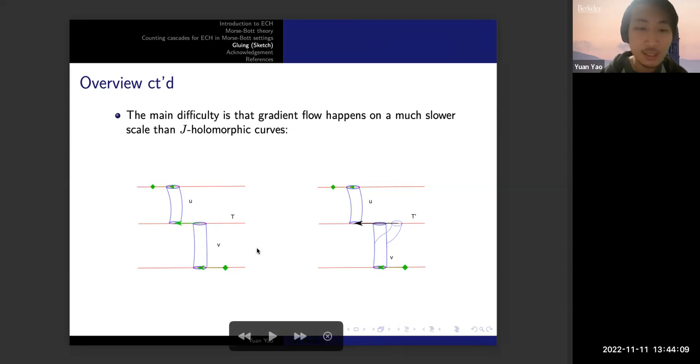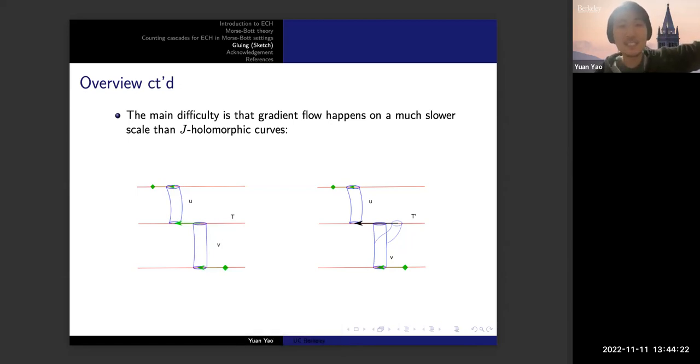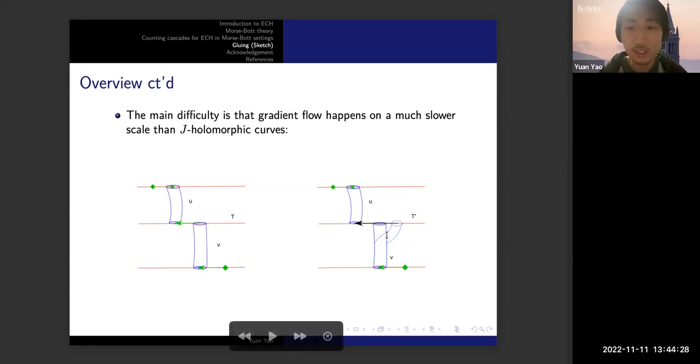Imagine on the left-hand side you have this cascade, and you try to pre-glue them with a gradient trajectory of length t. And this is a very long gradient trajectory. Its length is of size t over delta, because delta is going to 0. Now imagine you slightly perturb v to make its end land somewhere a little bit further away, and then you try to glue them together.